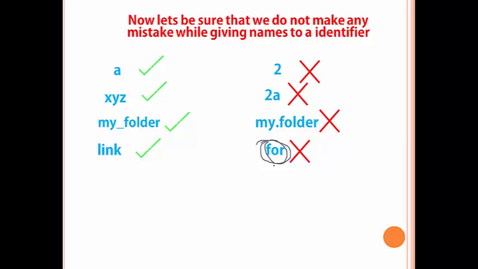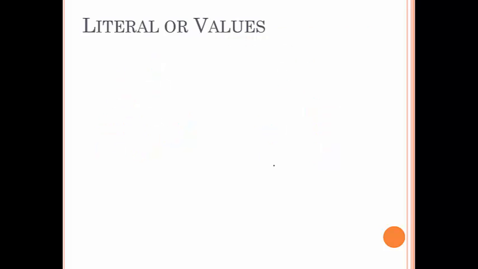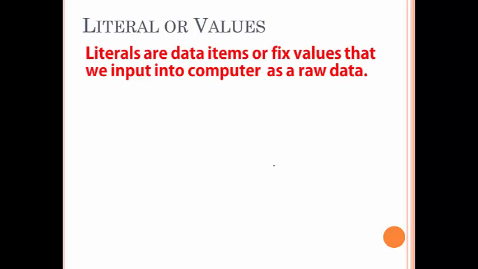So keywords and identifiers are over. Now next we are going to learn about literals, which are also called values. What are literals? Literals are data atoms or fixed values that we input into the computer as raw data. Any value that you input using a keyboard is called a literal. It may be a string, one character, or a number of a different type.